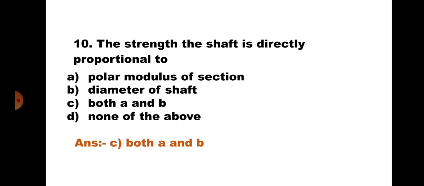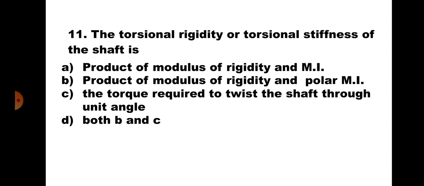Question number 11. The torsional rigidity or torsional stiffness of the shaft is A. the product of modulus of rigidity G and MI, B. product of modulus of rigidity G and polar MI, C. the torque required to twist the shaft through unit angle, and D. both B and C. Now as far as the formula is concerned, the torsional rigidity is modulus of rigidity multiplied by polar MI, and if you have to express it in words, it is the torque required to twist the shaft through unit angle.